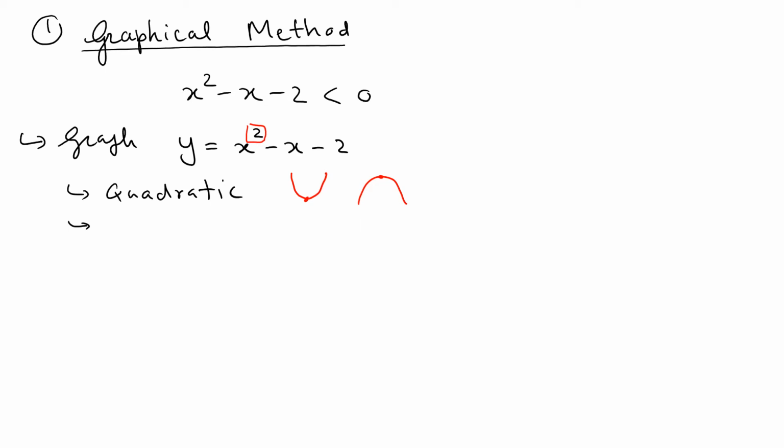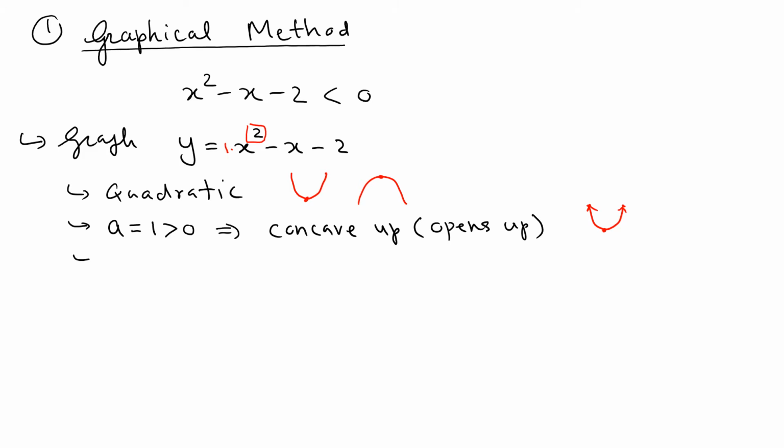In this case, the leading coefficient is 1, so a equals 1, and you can see 1 is in front. It is greater than 0. Positive means concave up, or some people call this opens up, going in the positive direction. So it has to be like that. We notice that it's going up.